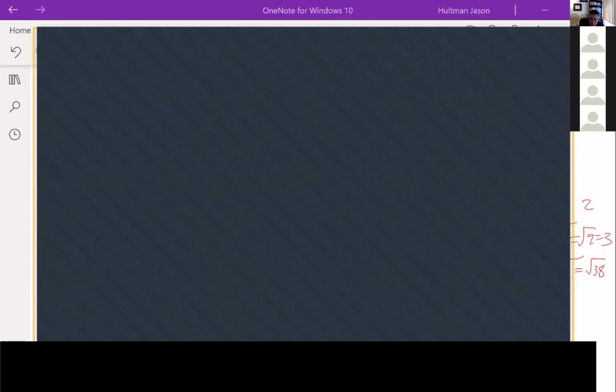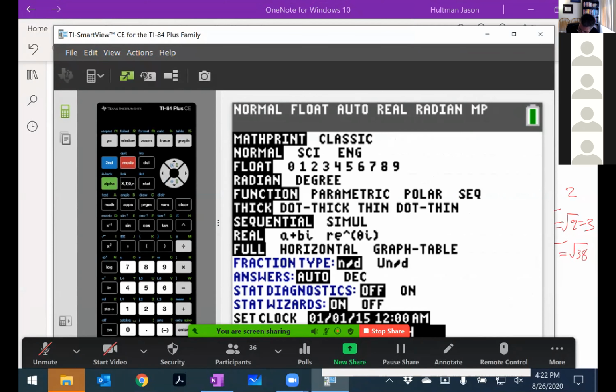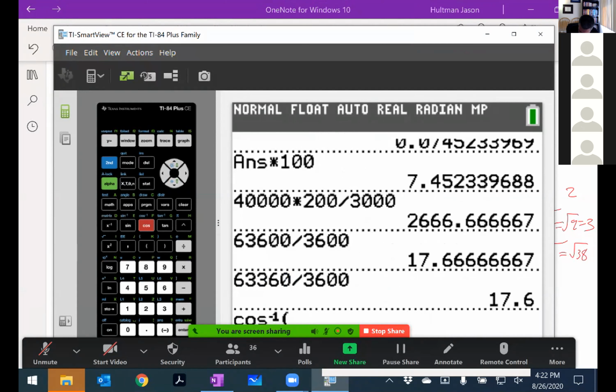Okay. So I'm going to go inverse cosine. I need to make sure it's in radians mode. Are we in radians mode? Yes. Good. So I'm going to go inverse cosine of 2 divided by 3 times the square root of 38.